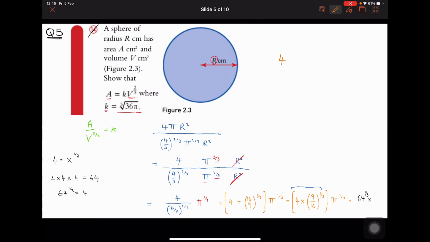So you have 4 multiplied by 9 over 16 equals 64 to the 1 over 3 multiplied by 9 over 16 to the 1 over 3, pi to the 1 over 3.